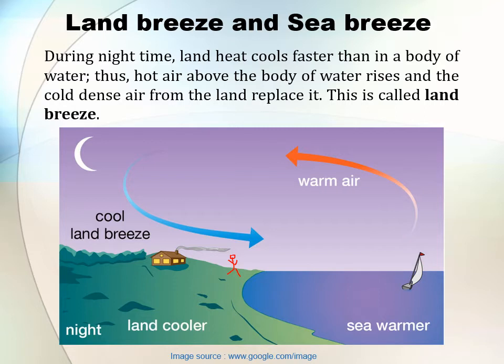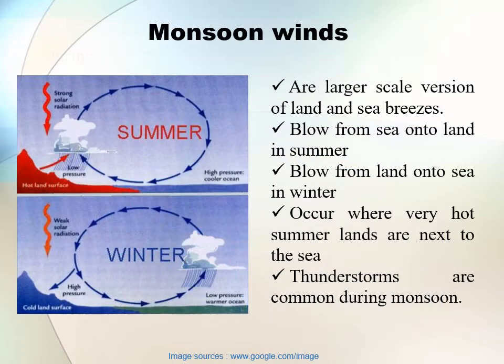Next is the monsoon wind. After a few days, or after one or two months, we the people of India will witness the monsoon season. Now these monsoon winds are basically a larger scale version of land and sea breeze.